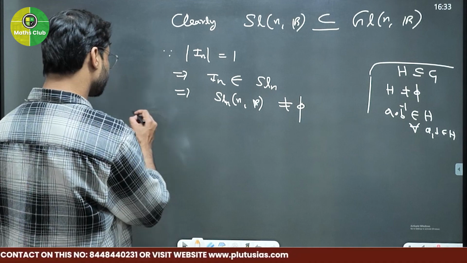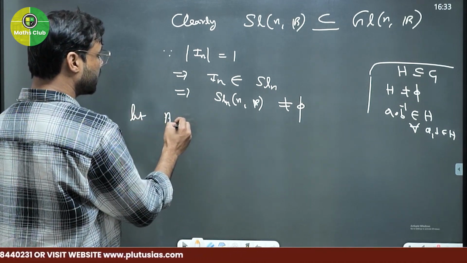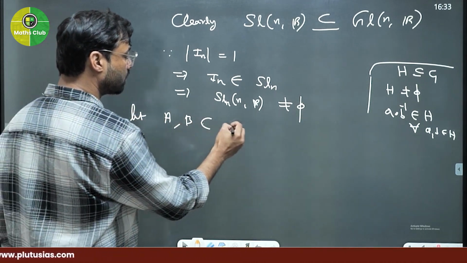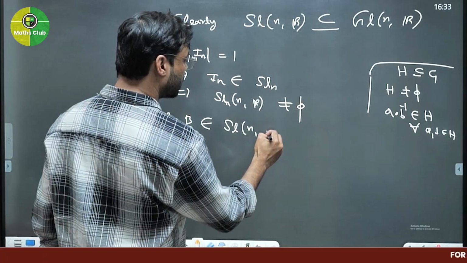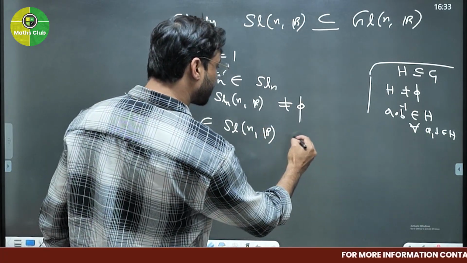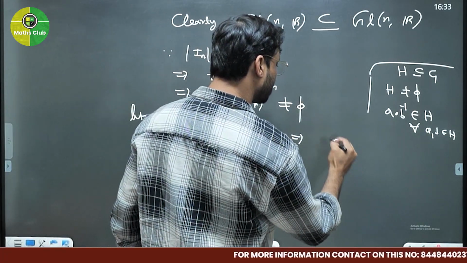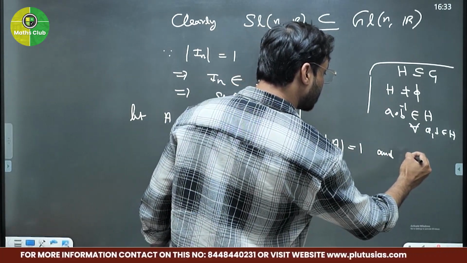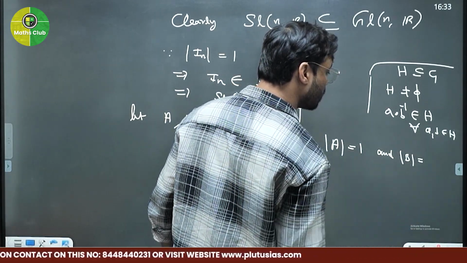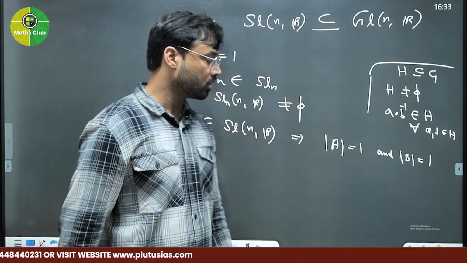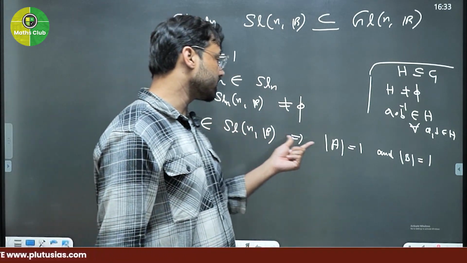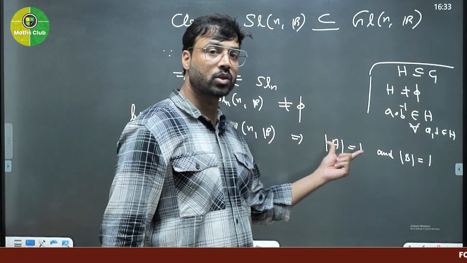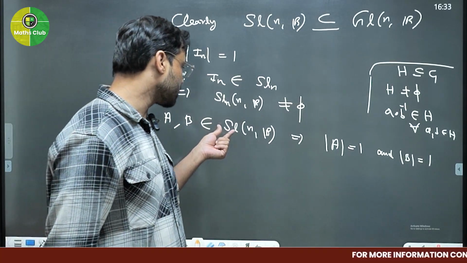So let A, B belong to SL(n,R), and that implies determinant of A equals 1 and determinant of B equals 1. The property of SL is that only those matrices whose determinant is equal to 1 belong to SL.